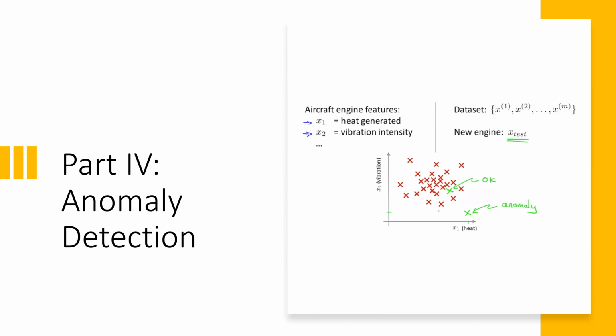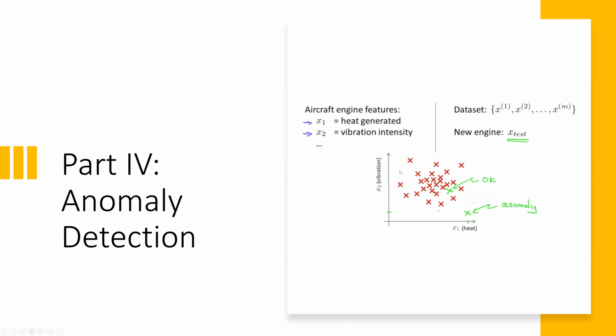You can see that there's a big cluster in the middle. If our new engine is the green check mark in the middle, labeled okay, then because it's in the middle of this cluster, it's likely to be okay. But if we have a new engine that falls outside of this cluster, then it's likely to be an anomaly. Anomaly detection is trying to detect these anomalies.